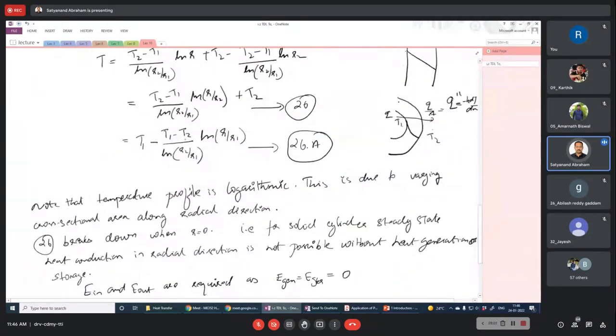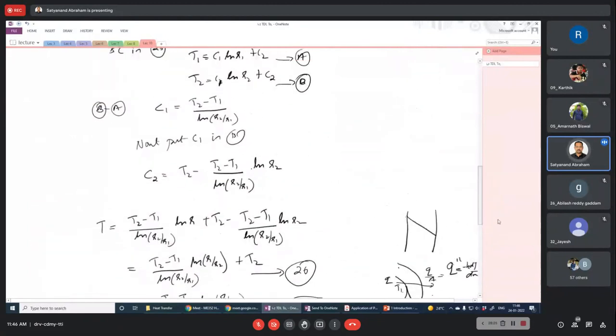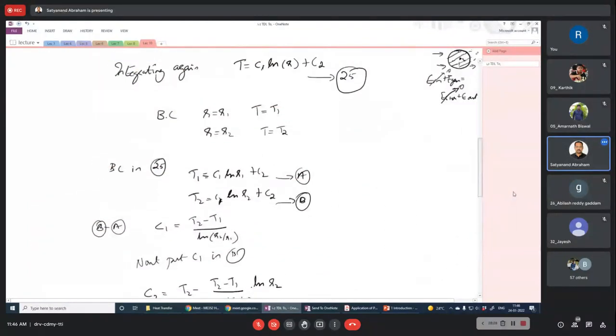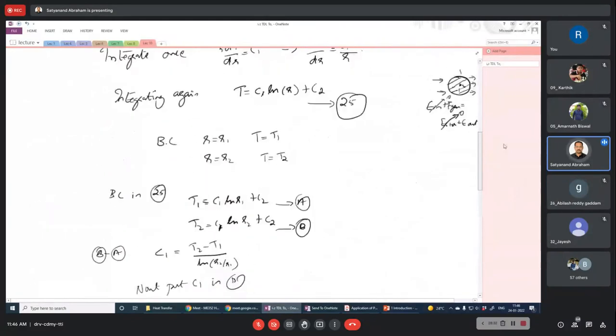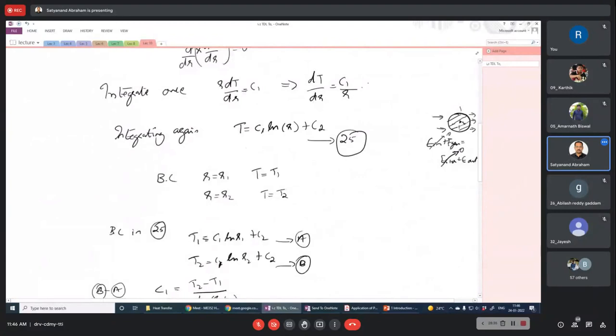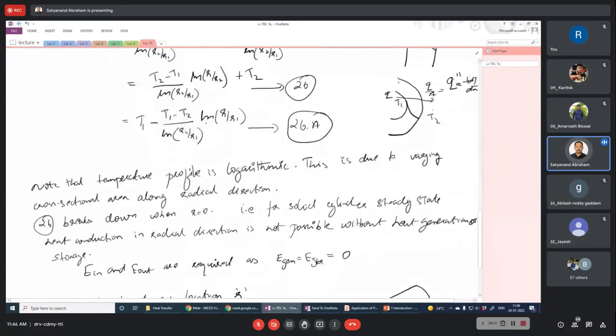Obviously we can differentiate it over here. Luckily for us, we have already found dT by dr is equal to C1 by r. From here also you can differentiate it, because d by dr of ln r is equal to 1 by r.